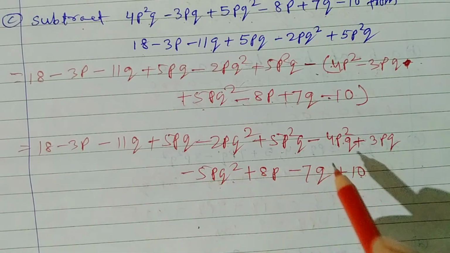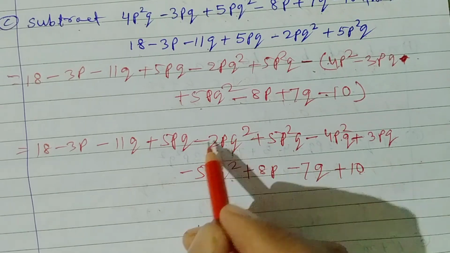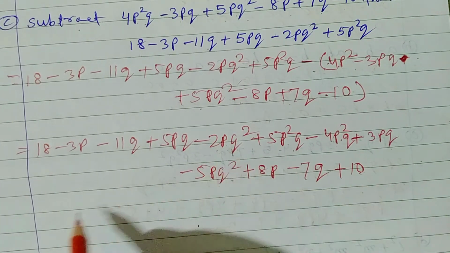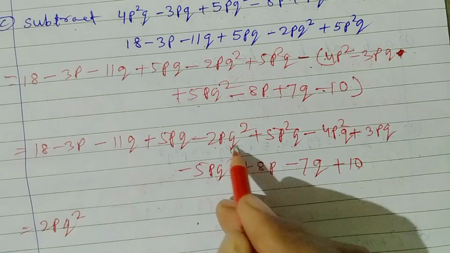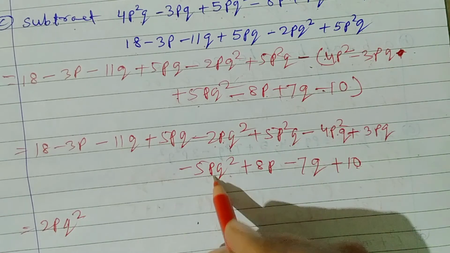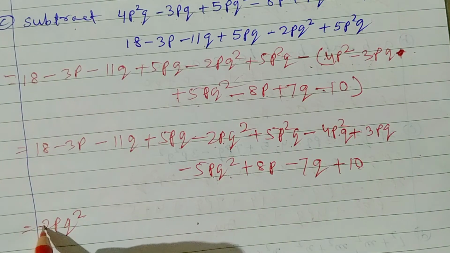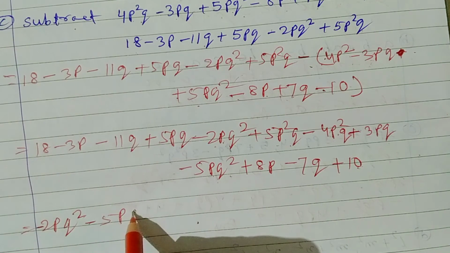After that we write all like terms. So we start from the higher powers. 2pq square first. The variable part pq square we can see here. This is also minus 2pq square. Here also minus 5pq square.